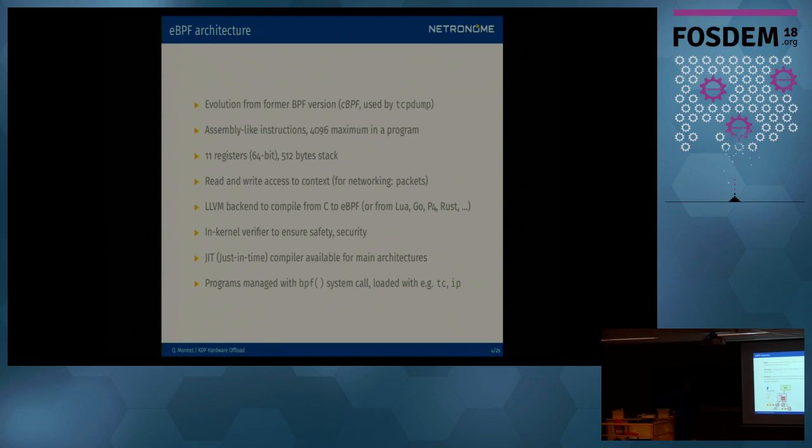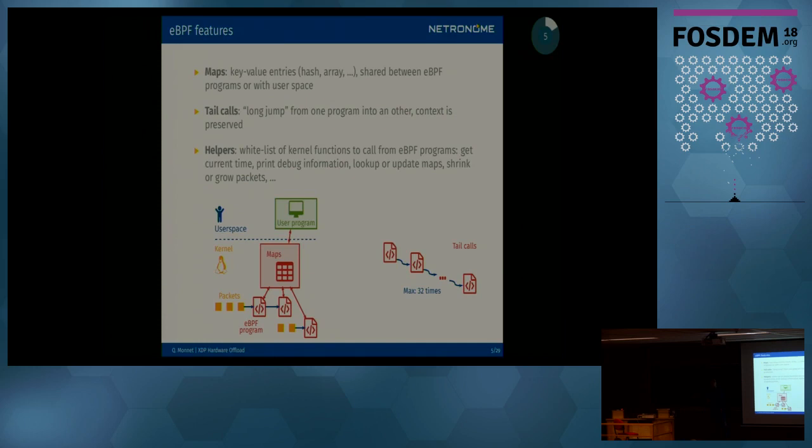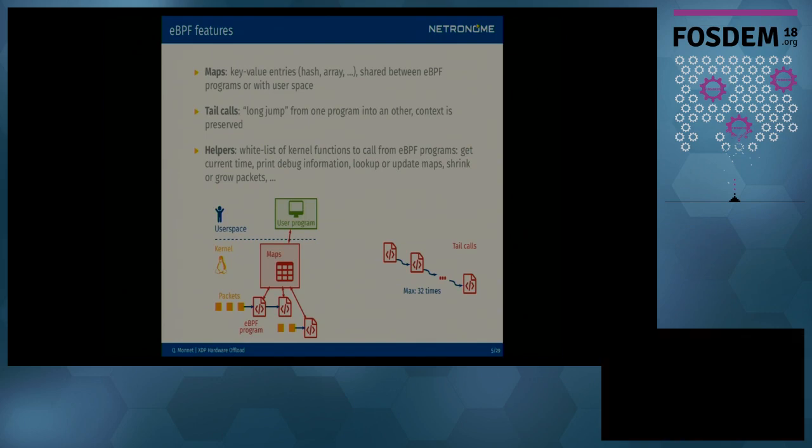It has a couple of additional features in regard to the older version of BPF, which was only for packet filtering. Now we have maps, which hold pairs of keys and values and entries that can be stored inside the kernel memory and shared between different BPF programs or also between BPF programs and user space programs.